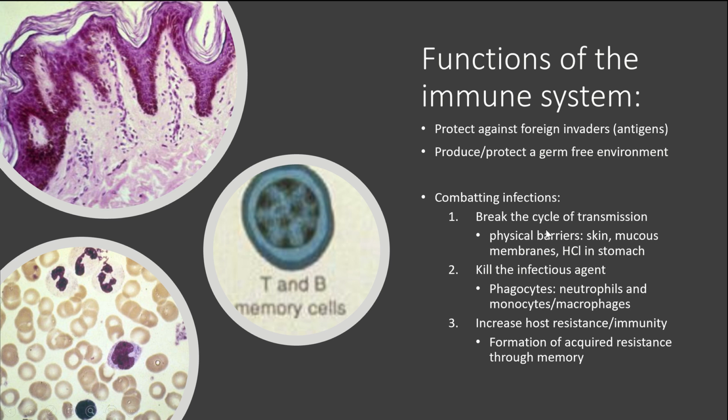But if those pathogens, those foreign invaders, those antigens get through that, we've got these next two steps. The next thing your immune system is going to try to do is kill the infectious agent. Okay? That response is mainly going to come from your phagocytes, so your neutrophils. Remember, those are good for bacterial infections, for eating up those bacteria.